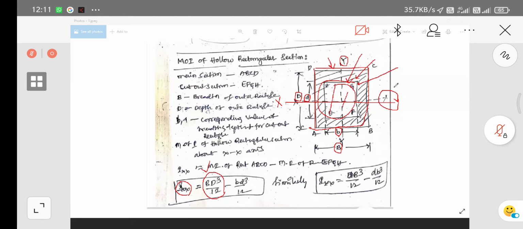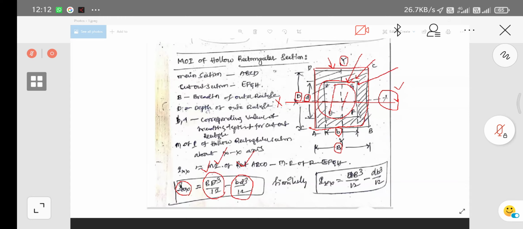It is also about the x axis, so we apply the same formula with smaller dimensions. From the larger rectangle, we are removing the smaller rectangle.